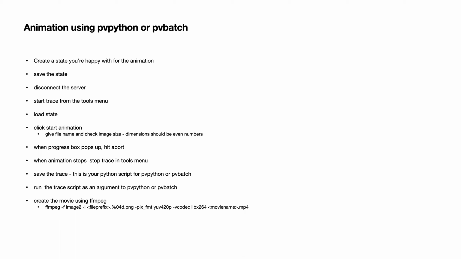Finally, you can use FFmpeg to create the movie with this set of options for FFmpeg, which will get you something that will play on Macs, which is sometimes a problem. The pix_fmt and vcodec options are actually needed quite often to get QuickTime to play the thing.